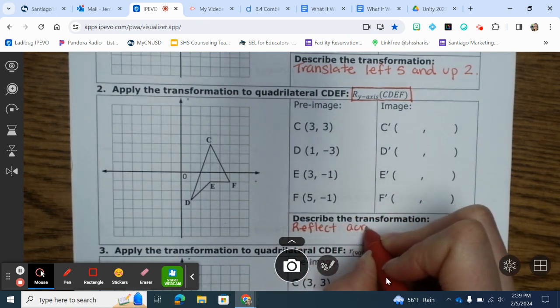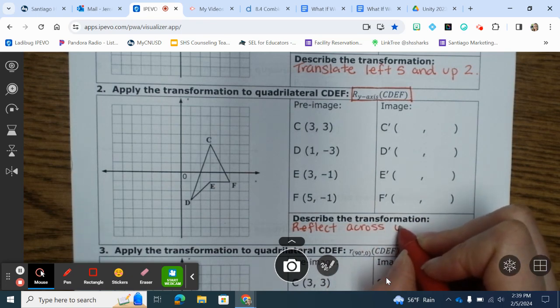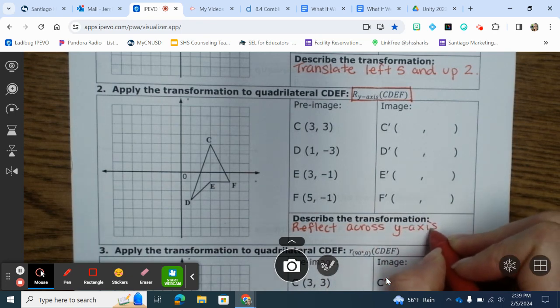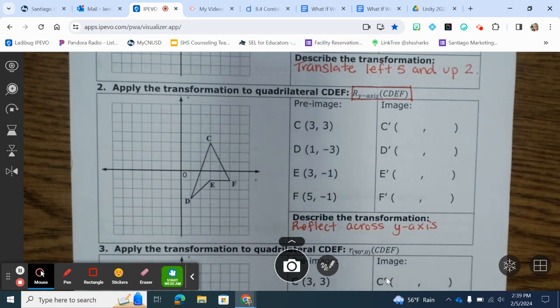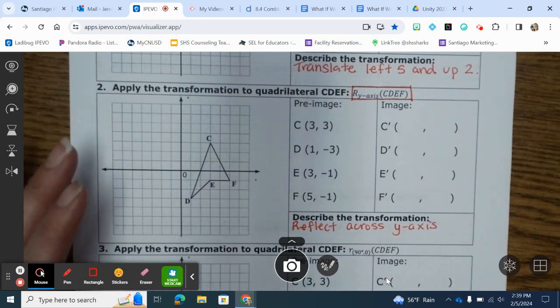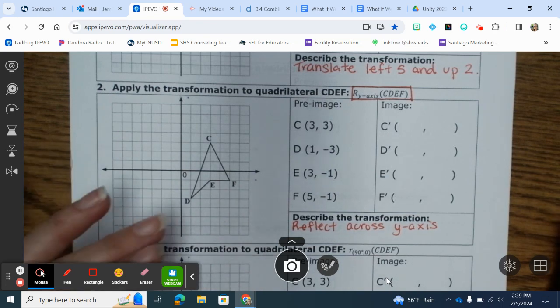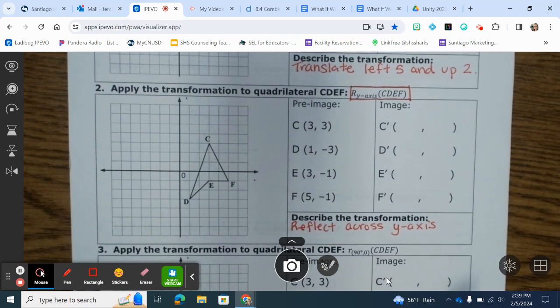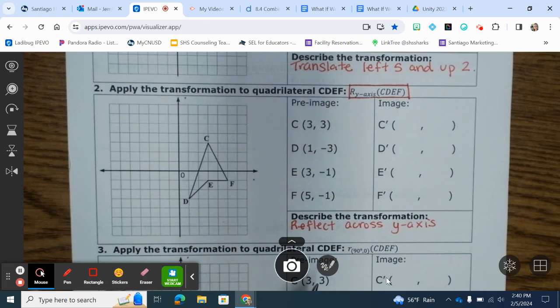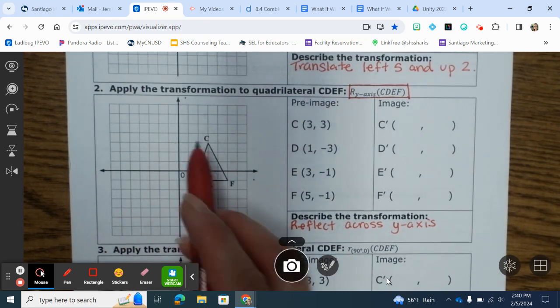Reflect across y-axis. And we've been talking about axes of symmetry lately and how to reflect. So hopefully this doesn't feel too tough.